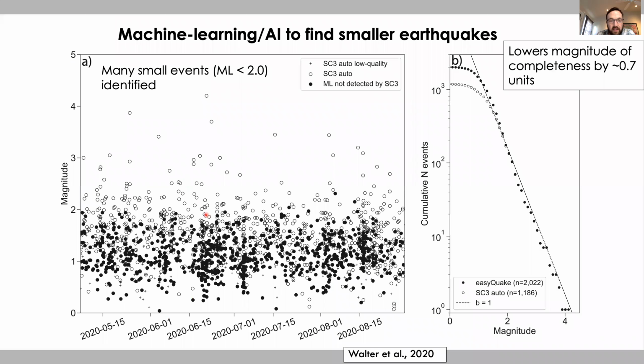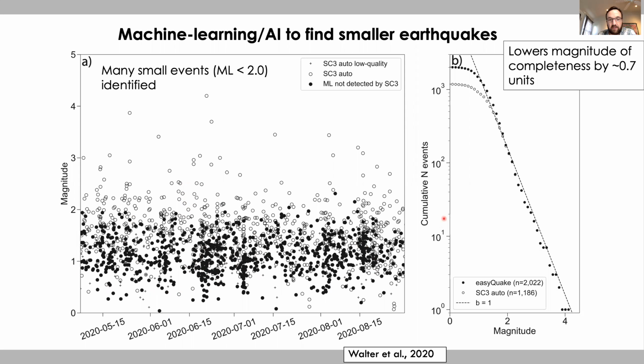So when we implement it into our routine operations, we use it in a way that augments our real-time ability to detect and locate and provide event updates. So the open circles are the routine real-time system, SeisComp3, and then the closed black circles are the machine learning or easyQuake augmented earthquake detections in our catalog.